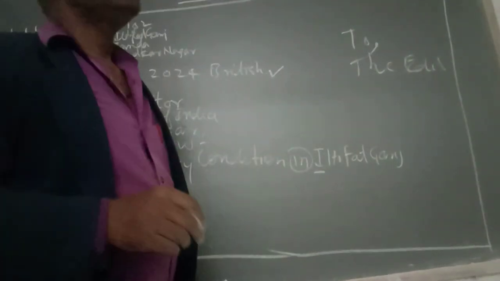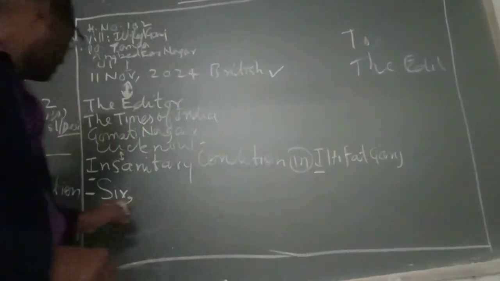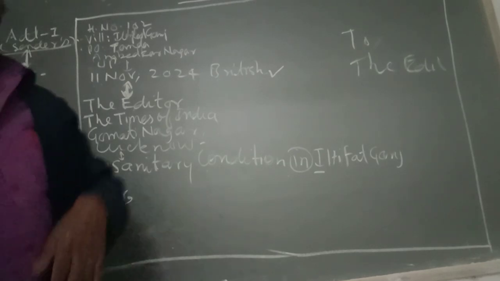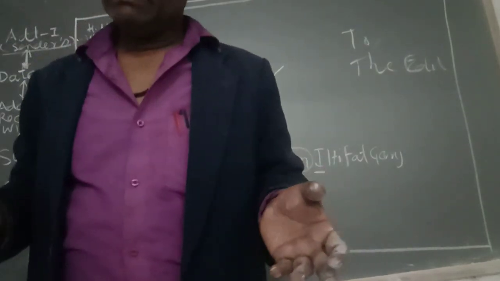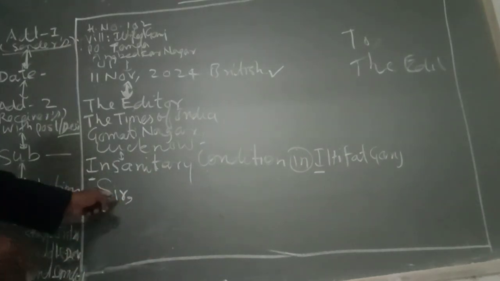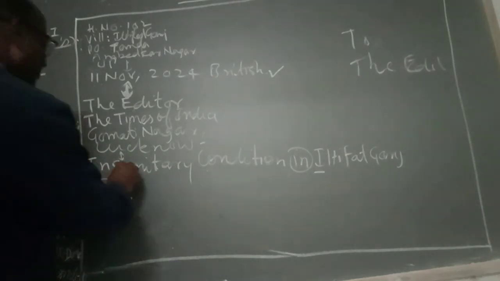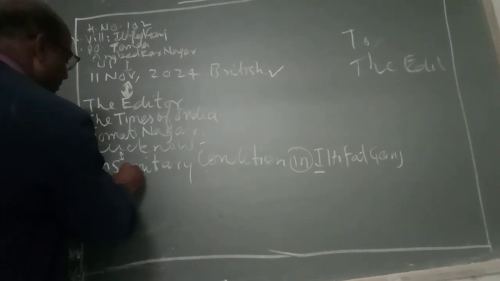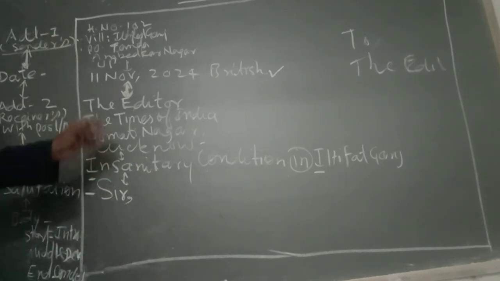That is also wrong. So don't use a comma there. Simply "To the editor", no comma. But here after sir, comma is compulsory. Clear? So keep in mind. So sir, this is the salutation. Remember, one space is given, keep that in mind.